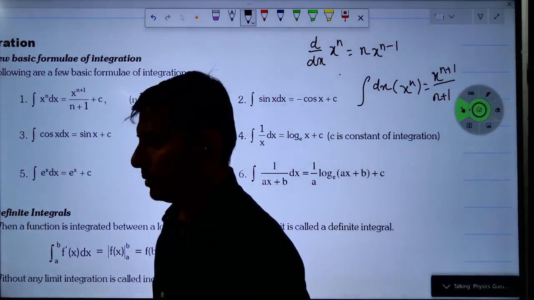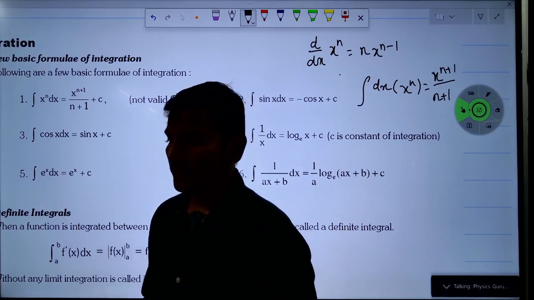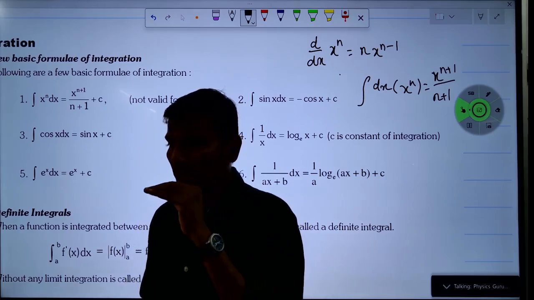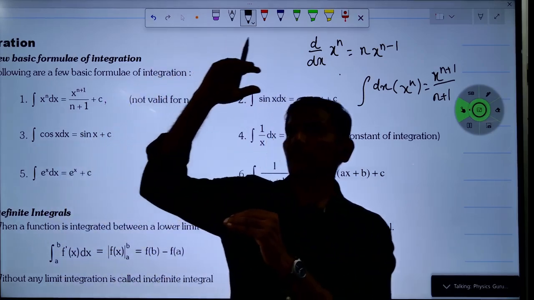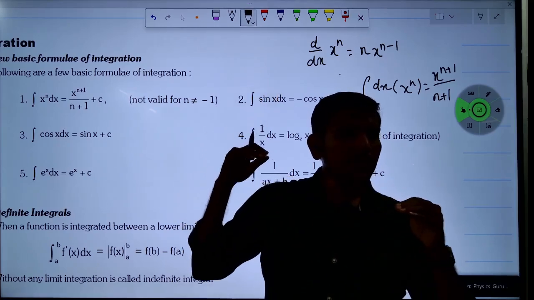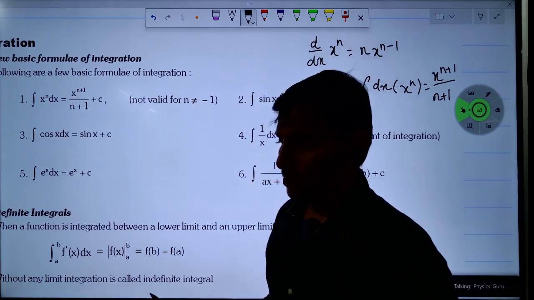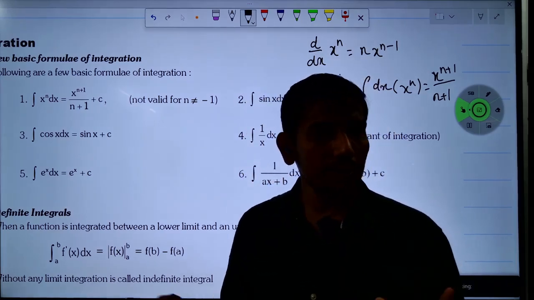What's the meaning of it? Definite integrals have a proper limit, from a starting limit to a final limit. Whereas indefinite integrals don't have any limitation, unlimited.